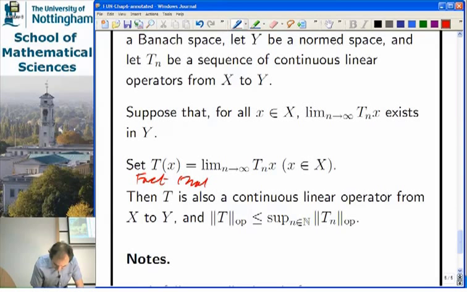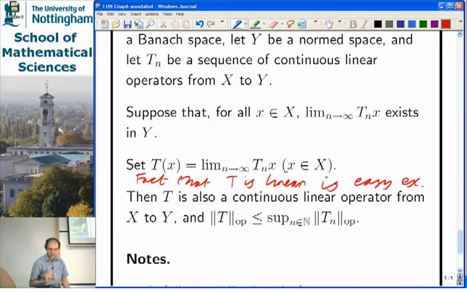It's the continuity that is interesting. That's an easy exercise. But actually, T is a continuous linear operator, and you can also prove that these Tn's are bounded, and that the operator norm of T is less than or equal to that bound.